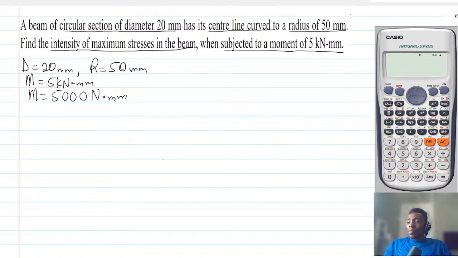Okay, so with this question, it's actually the same problem. We are just going to do the same thing. So the stress will be M over AR into bracket 1 plus R squared Y over H squared into R plus Y. Let me go back and look at the formula again.